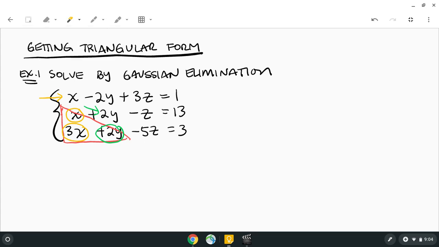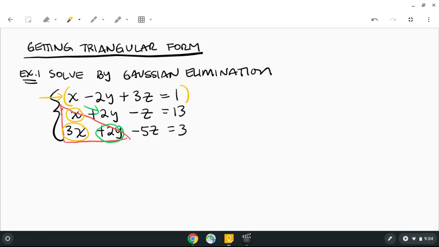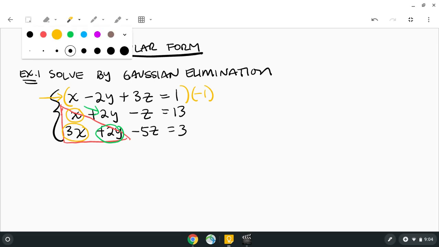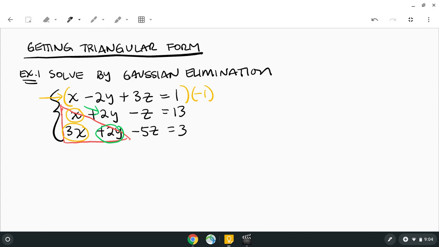If I want to eliminate that x, I need to multiply this by -1. One thing you have to be careful with here is there's going to be a lot of multiplying and adding, a lot of simple operations but many of them in one step.